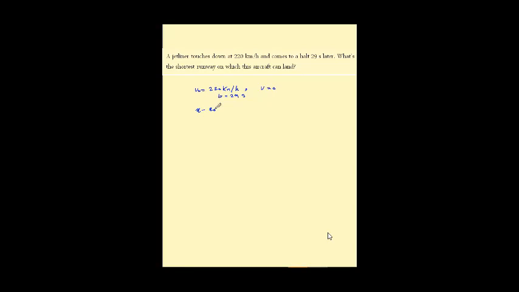Simply x minus x0 is equal to 1/2 times v0 plus v times t. Substituting, in this case we need to convert the units of velocity from kilometers per hour to meters per second, or we can convert t from seconds to hours.